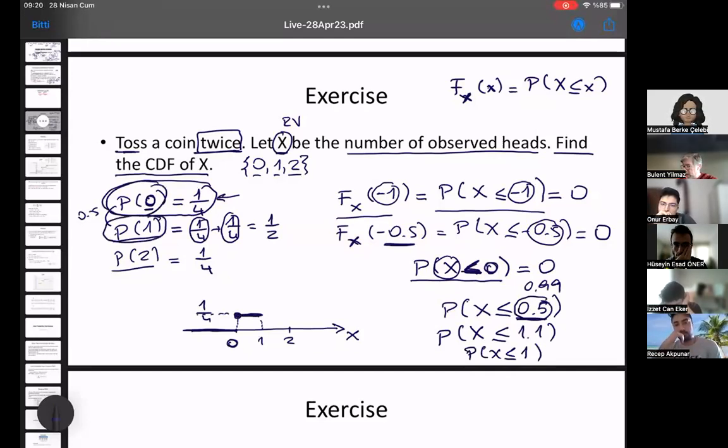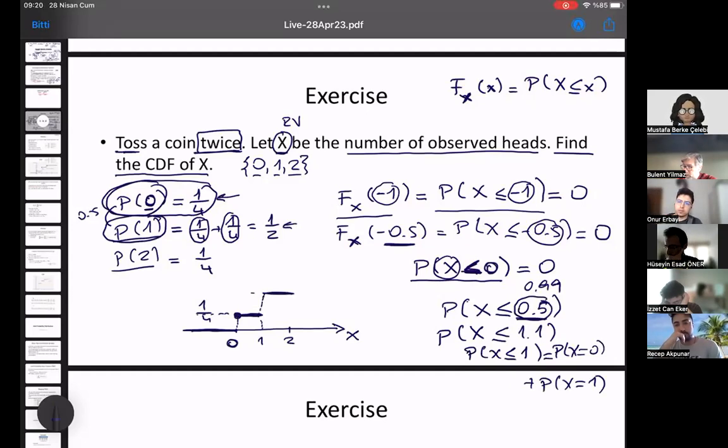Because it is the probability of obtaining x less than or equal to 1. So this includes probability of x equals 0 plus probability of x equals 1, right? Do you understand this point, arkadaşlar? Both 0 and 1. I'm going to add these two, which is going to be 1 over 4 plus 1 over 2. So it will be 3 over 4.